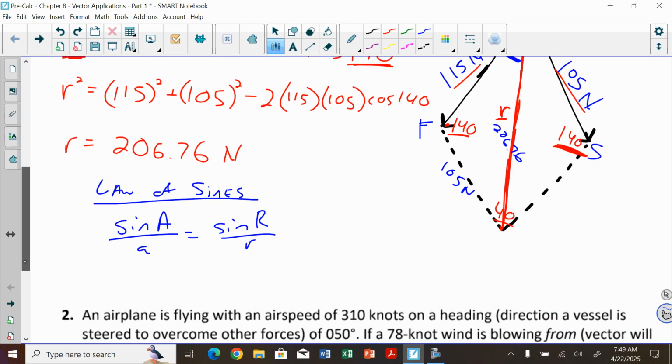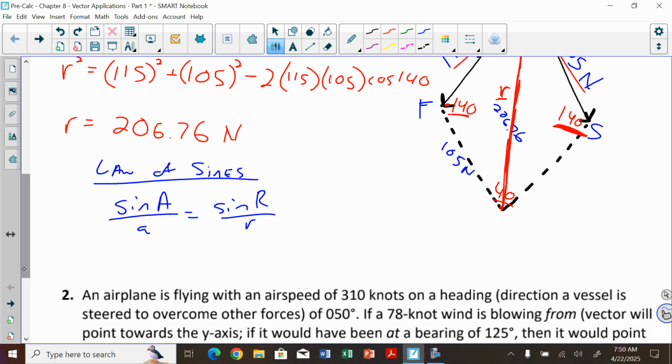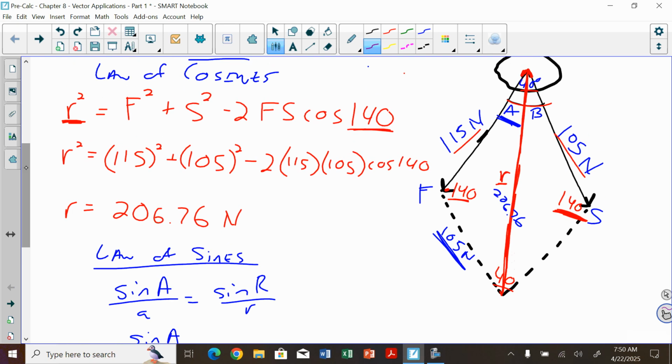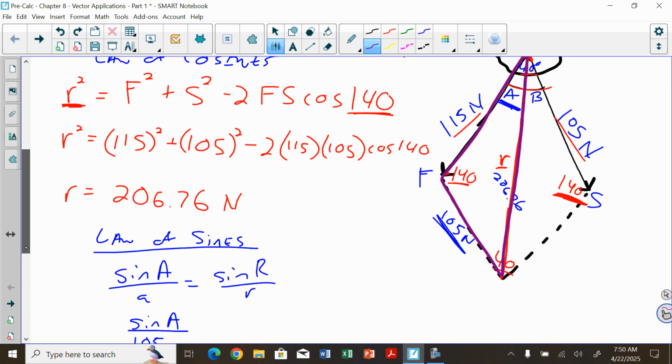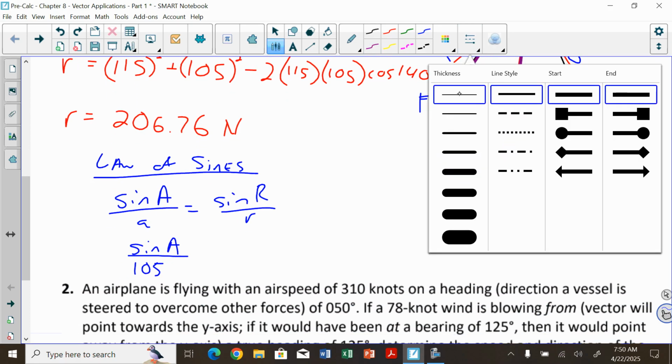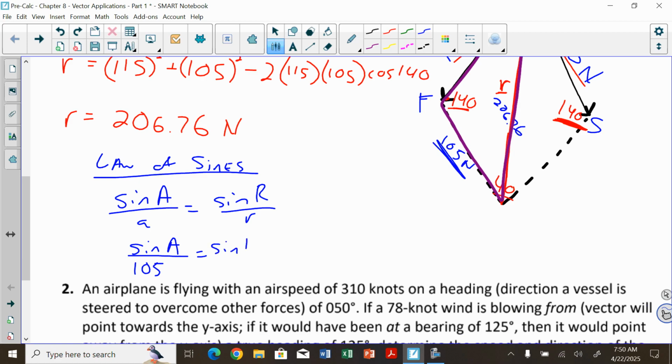So the sine of A, that's what we're trying to find, over A, it's going to be the side opposite that. So here's A, side opposite that is 105. Because I'm just focusing on this triangle here now, if I isolate this whole side, then that's what I'm going to work on. So then the sine of R, I know that angle is 140. And I already found R to be this.